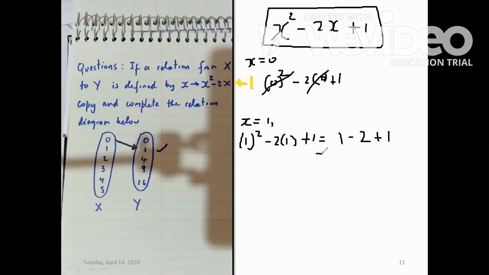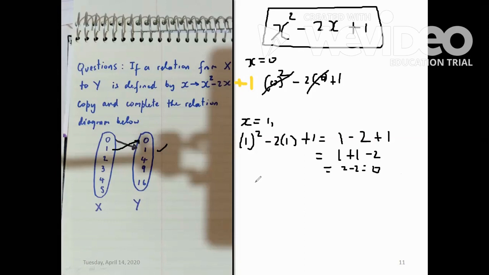Alright? So according to BODMAS, we have to add first. So let us add the two positive numbers. 1 plus 1 is 2, 2 minus 2. So when x is 1, y is 0.